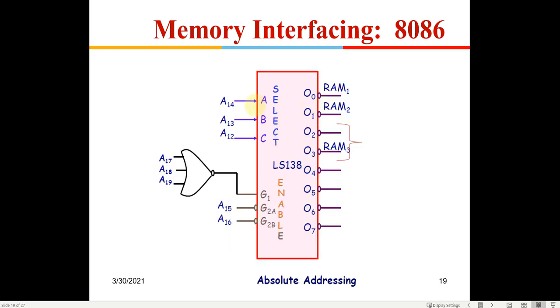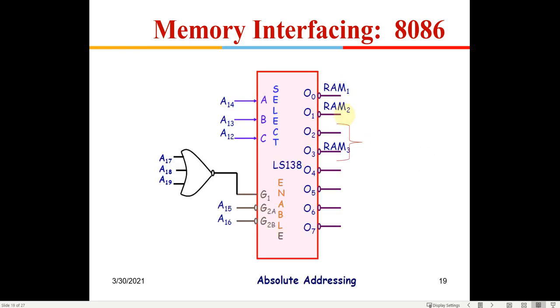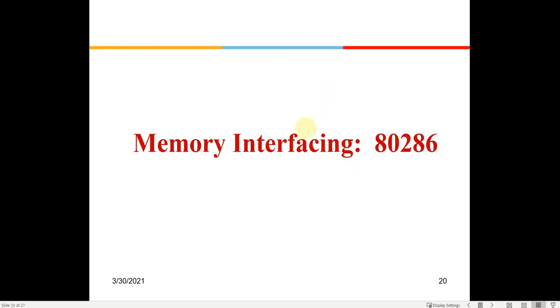Rest, A14, is 0 out here, and these are all zeros to enable these chips. So 0 0 is going to select one chip, 0 1 is going to select the second chip. So that is straightforward. 0 0 is going to make this active low, 0 1 is going to make this active low.